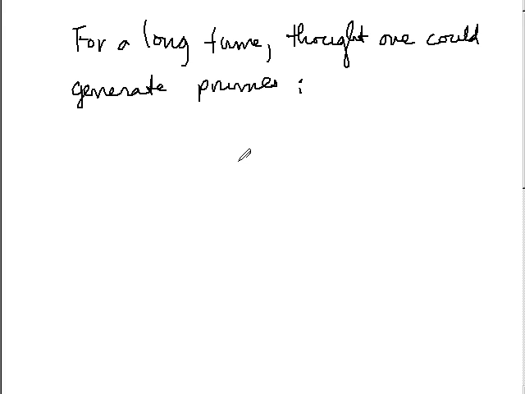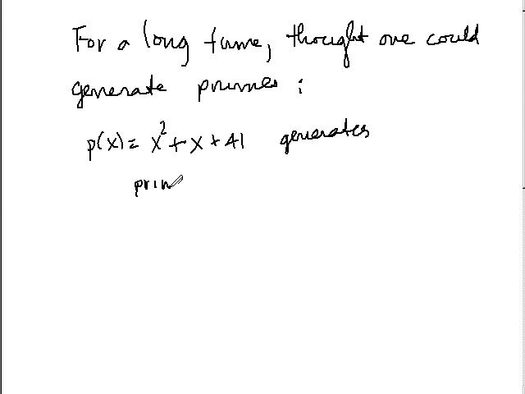The following formula, P(x) = x² + x + 41, generates primes for a certain range of integers, x equals 0 up to 40. But after 40, it's no longer prime.